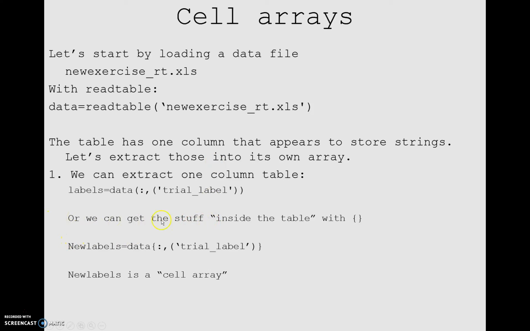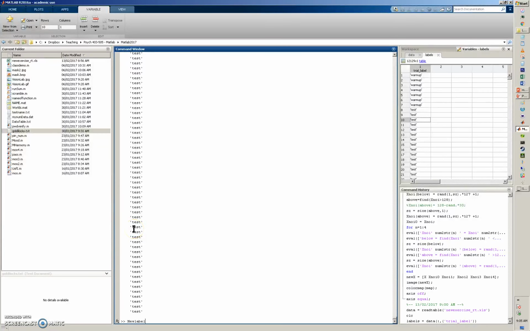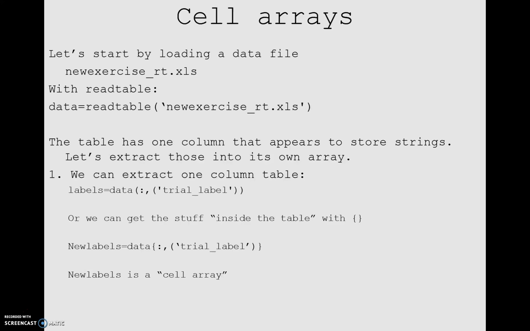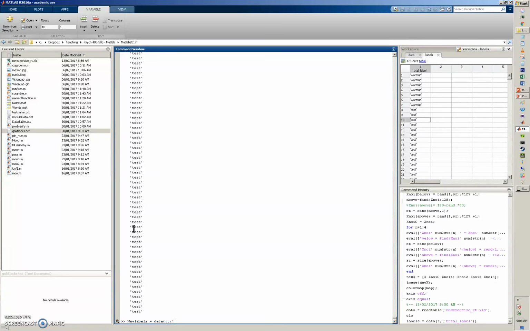We can get stuff inside the table instead of getting the table itself by typing in slightly different brackets. New labels is equal to data, and now we're going to use the curly brackets here, and otherwise the same command.